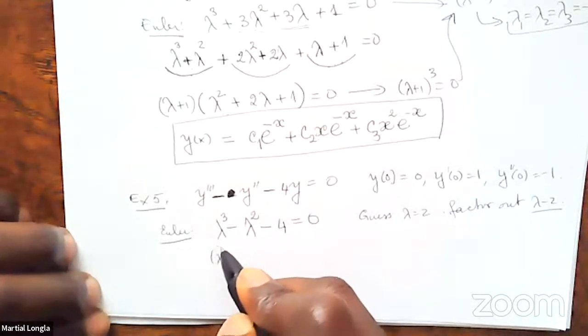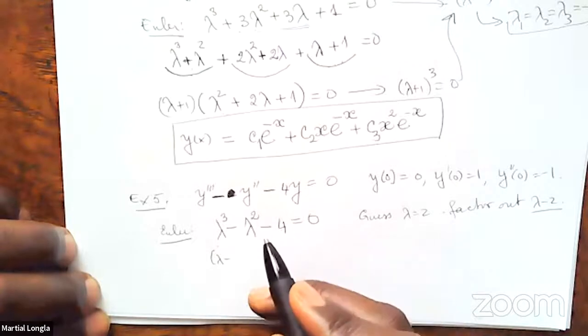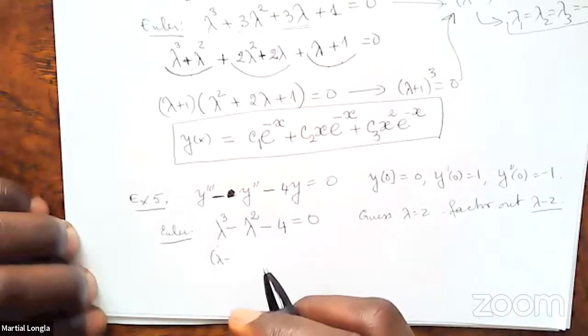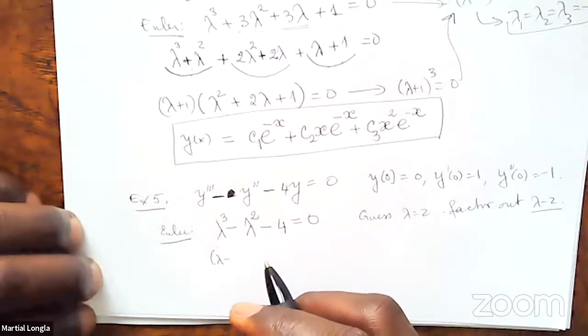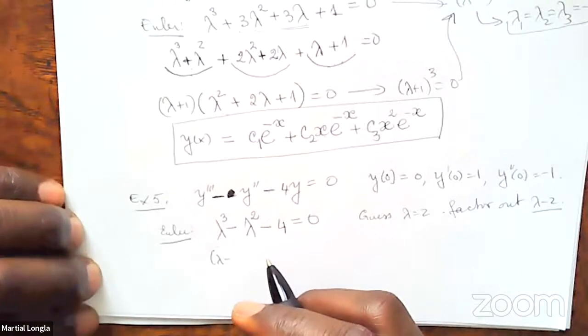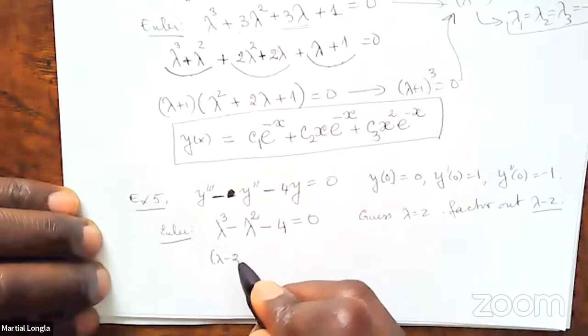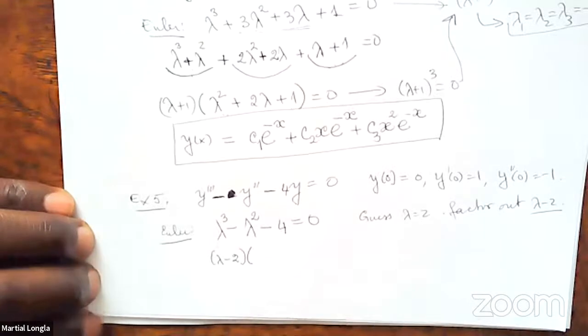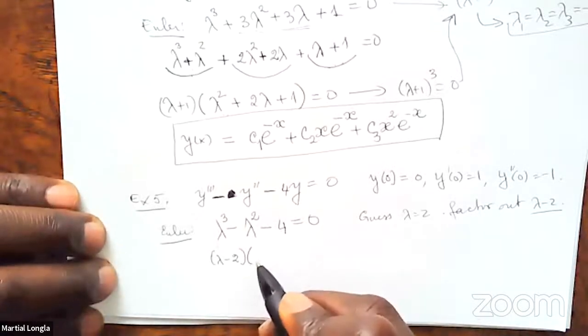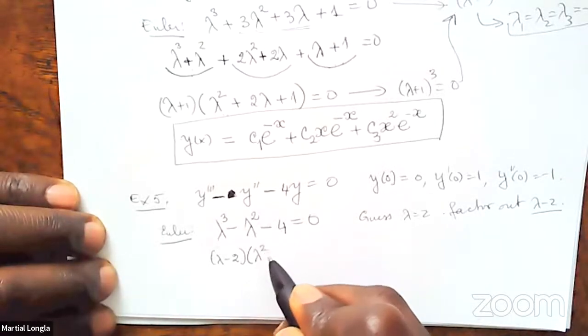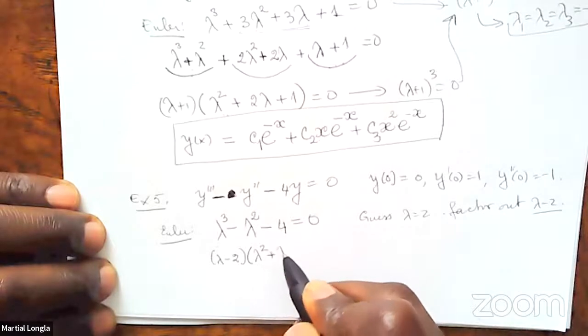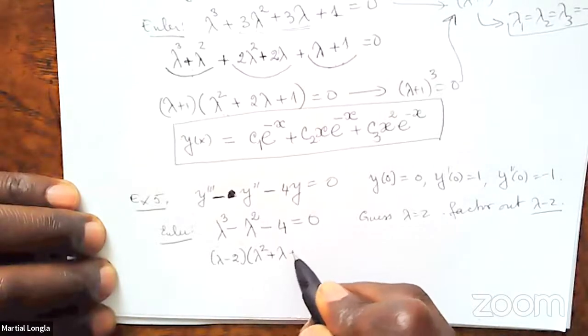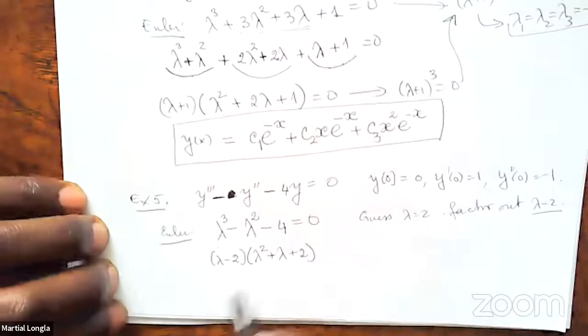Oh, I did long division. Yeah, that's also a good way to do it. You can do long division as well. That's what I did, and then I did long division with lambda minus 2. I came out with lambda squared plus lambda plus 2. Okay. So now that's what you got.